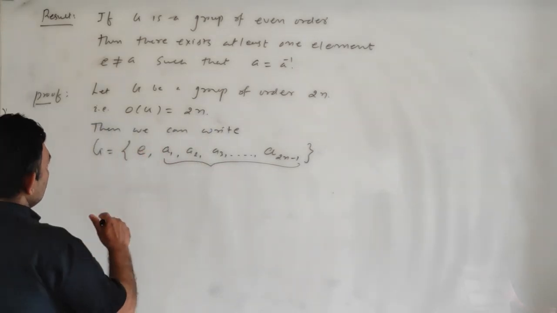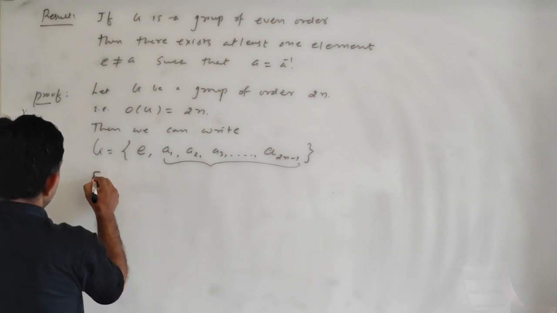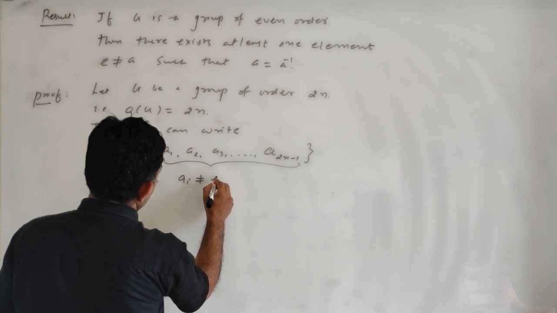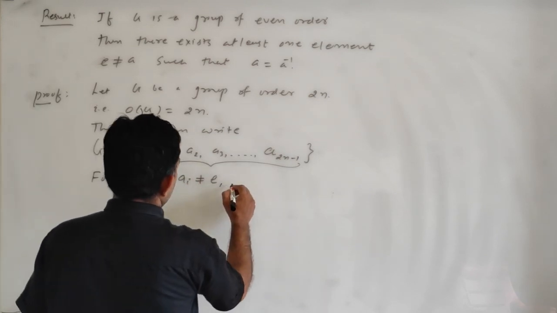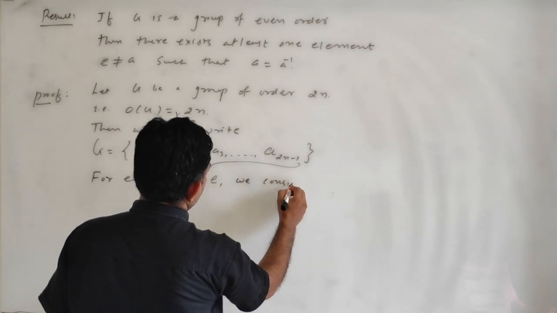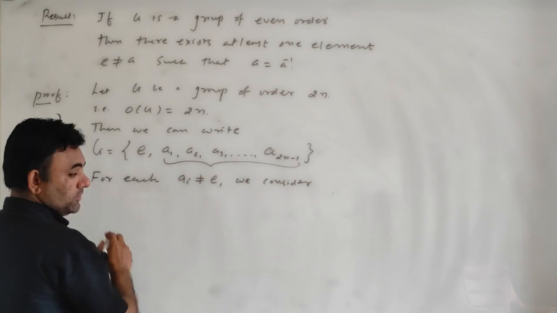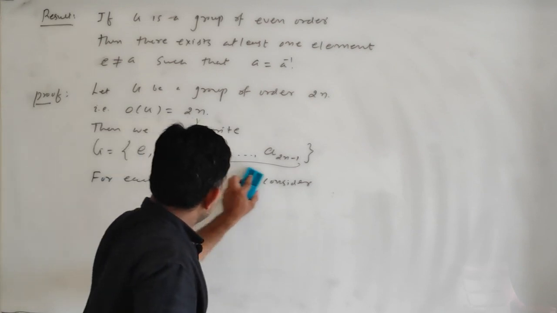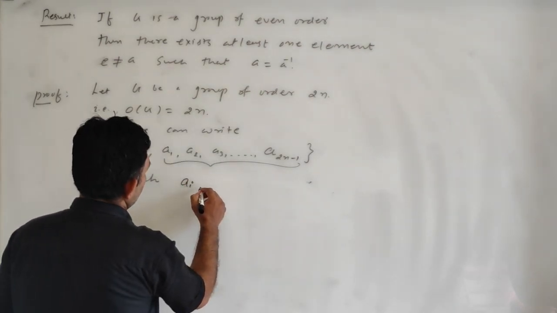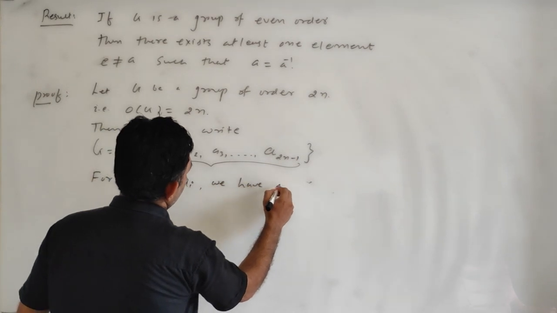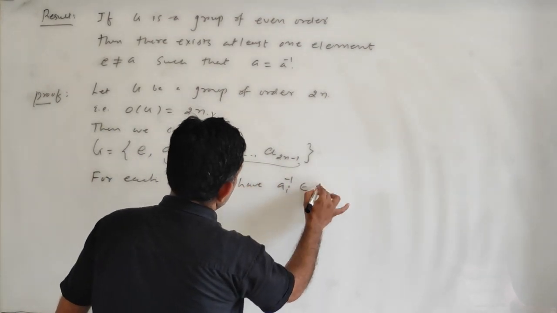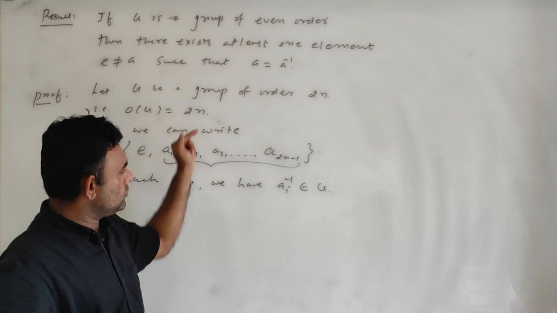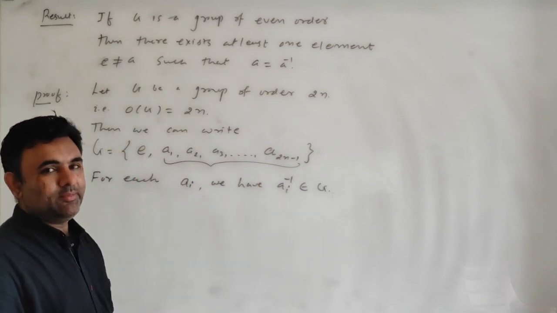Now I will construct a set. For each Ai not equal to E, we have Ai inverse belongs to G. You consider any element of this form, then its inverse is also in G, because in a group every element has an inverse.